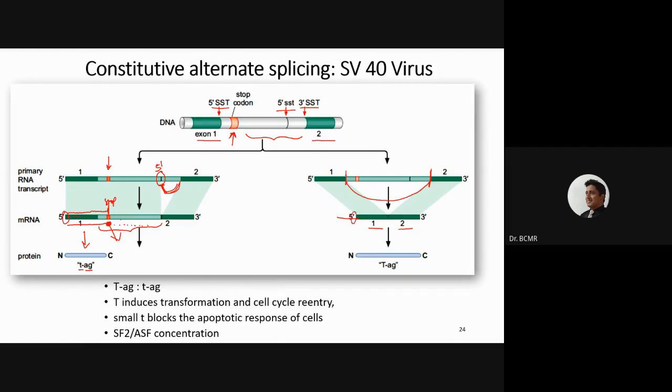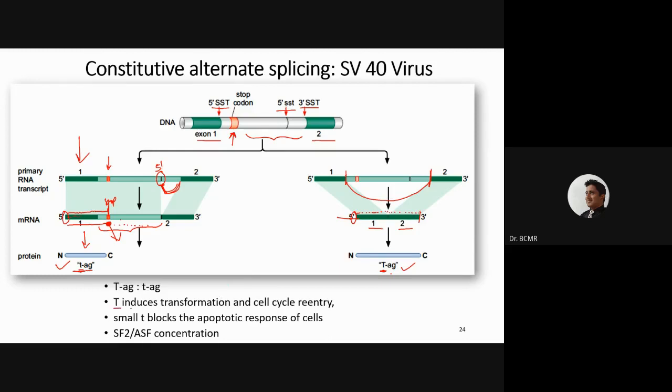So the ribosome would bind here, and it will read exon 1 and then exon 2, producing a larger protein. So this is called the capital T antigen, and the other one, the smaller one, is called the small t antigen. They both are functional.